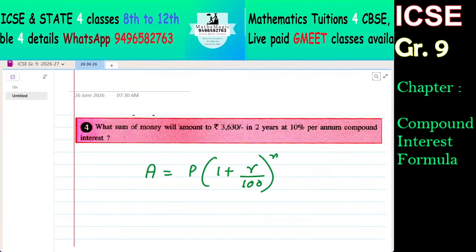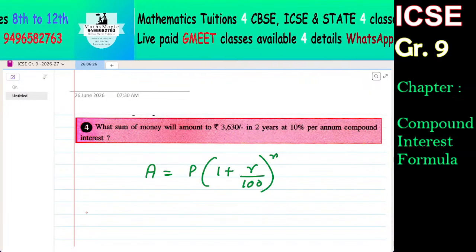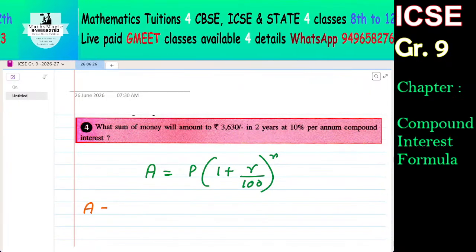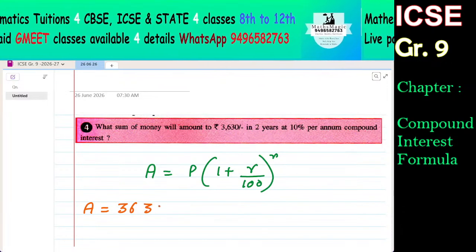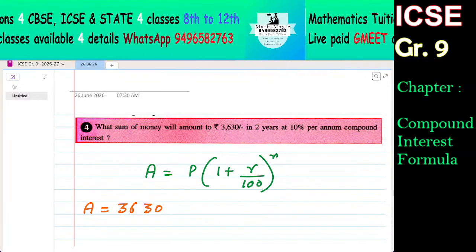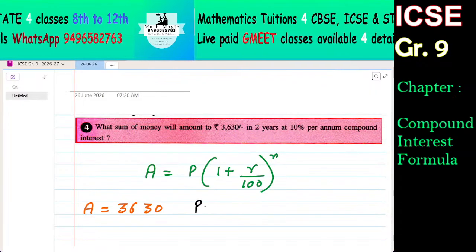So start doing it yourself. The things given in the question, you have to write it down first. That is, 3630 is given. And P is the unknown value.